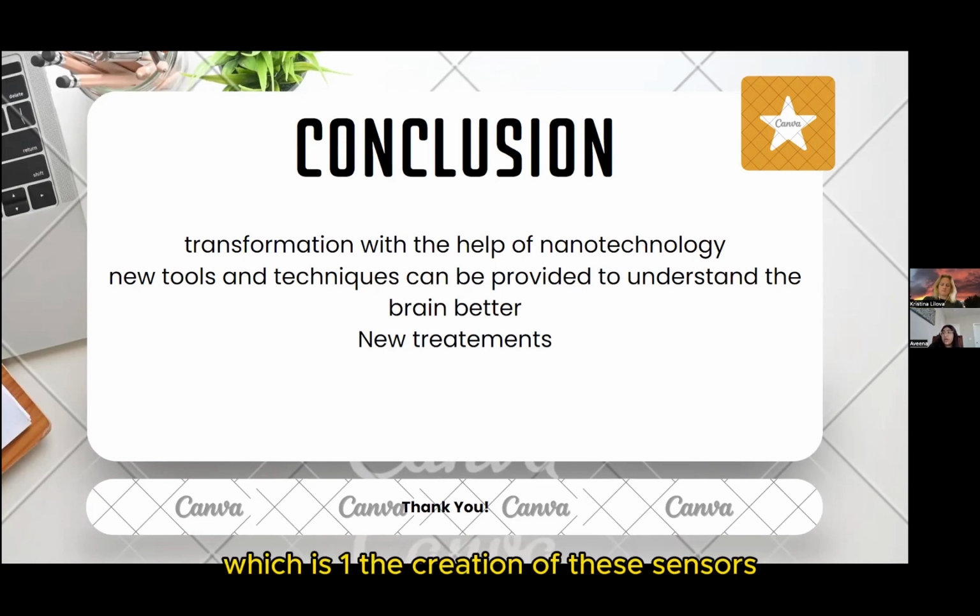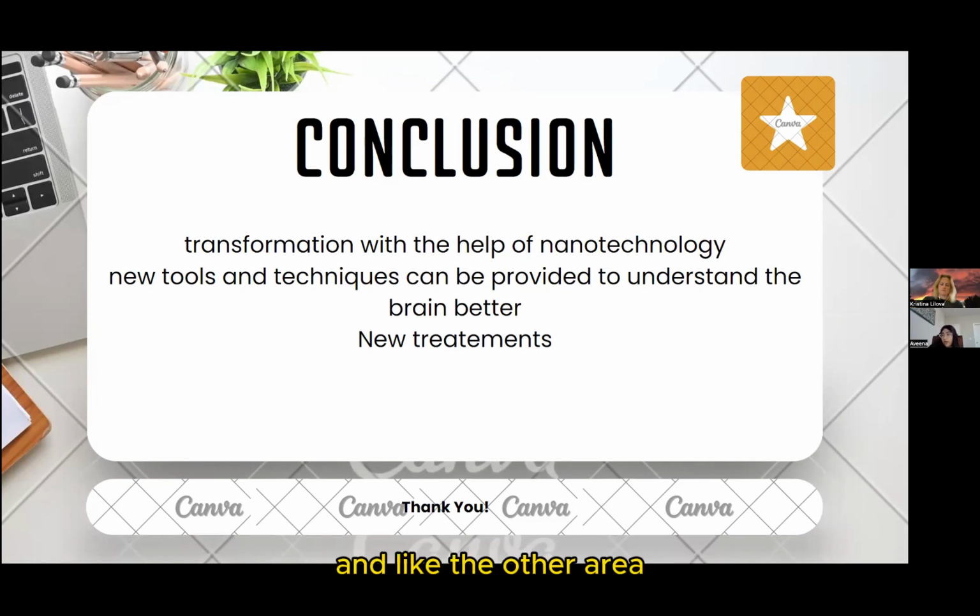One, the creation of sensors such as biosensors, which can help manipulate the neurons' activity, which can provide a unique sense of how the neurons and the whole nervous system work. And the development could lead to the creation of new treatments for these neurological disorders.